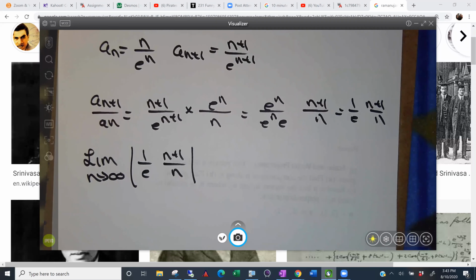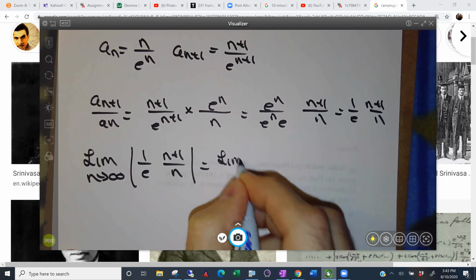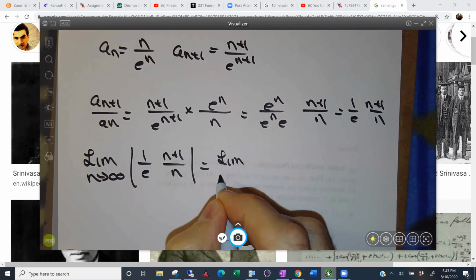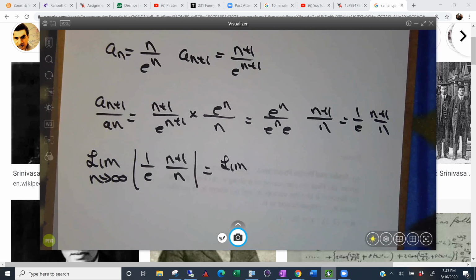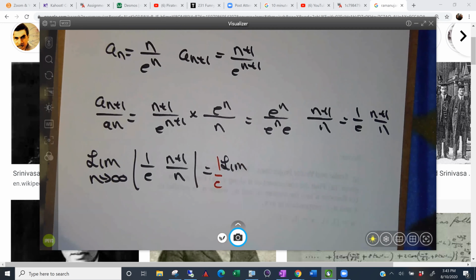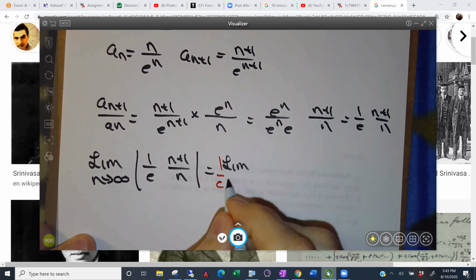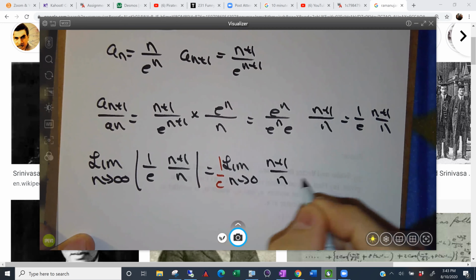I don't really need the absolute value on this, but that's part of the limit. Limit as n approaches infinity. I can bring the 1 over e term out front: 1 over e, limit as n goes to infinity, of n plus 1 over n.